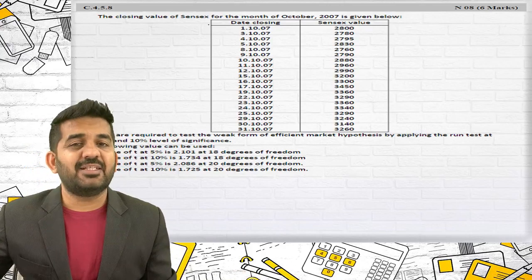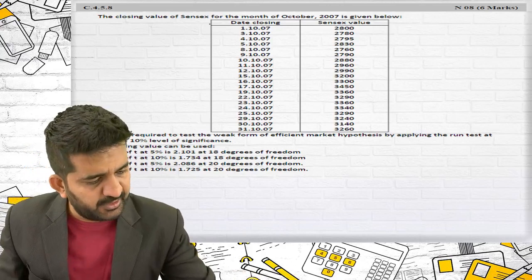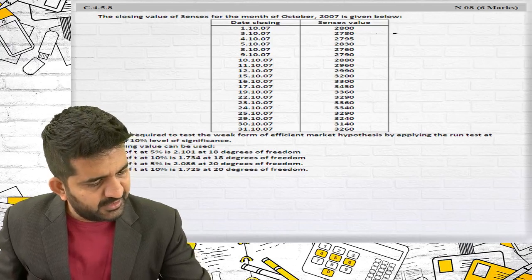Let me see the sign, whether the Sensex has increased or decreased on a particular date. So this has decreased.